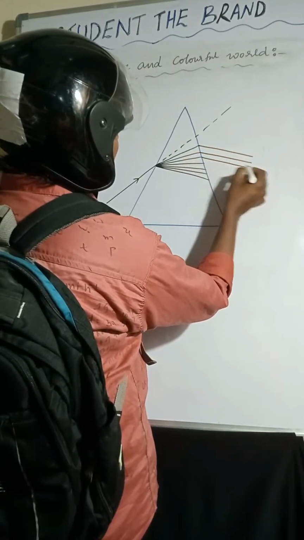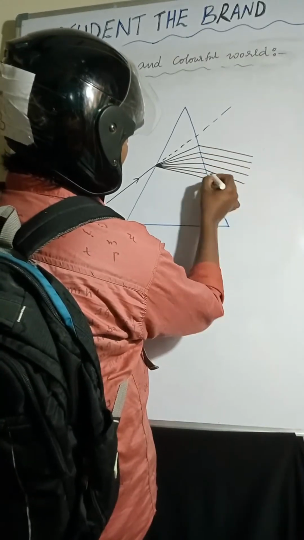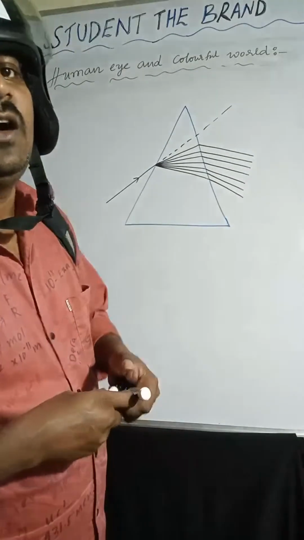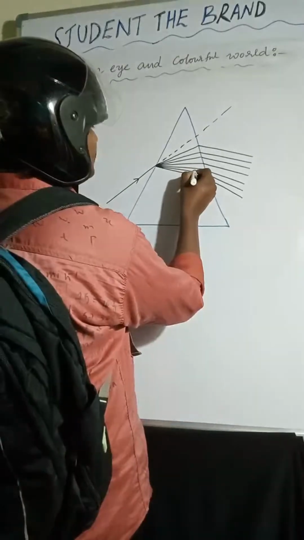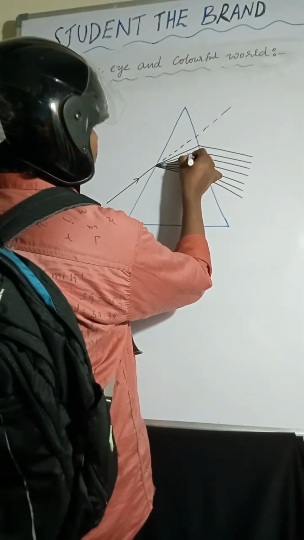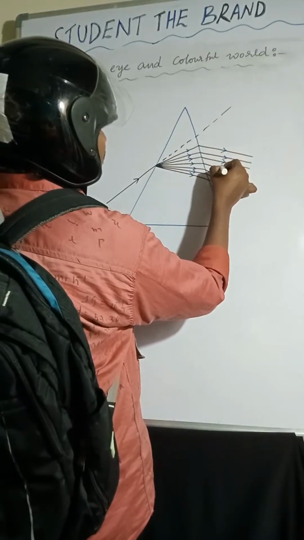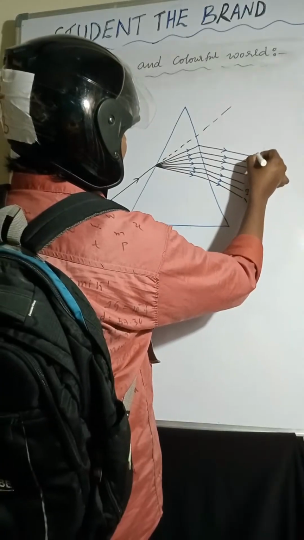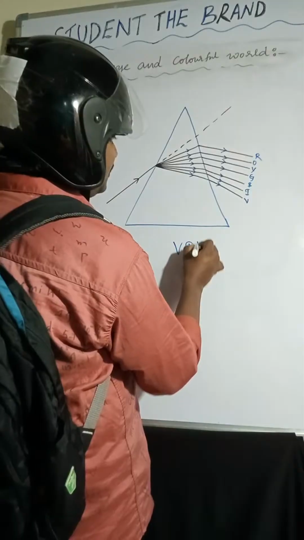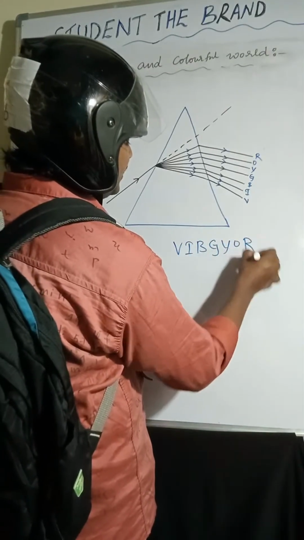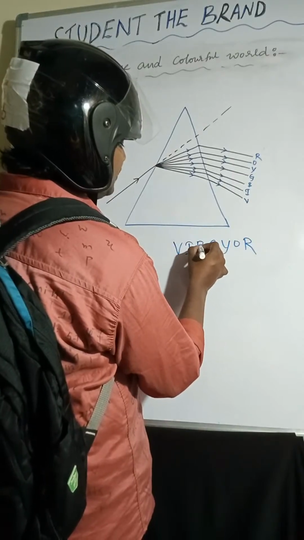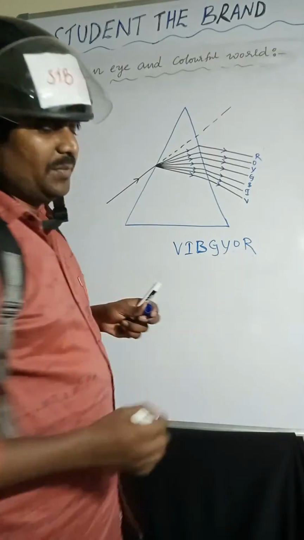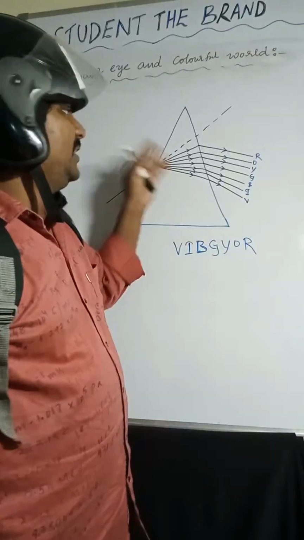Those 7 colors are violet, indigo, blue, green, yellow, orange, red, with VIBGYOR. When a white light ray passes through the prism, it splits into 7 colors.